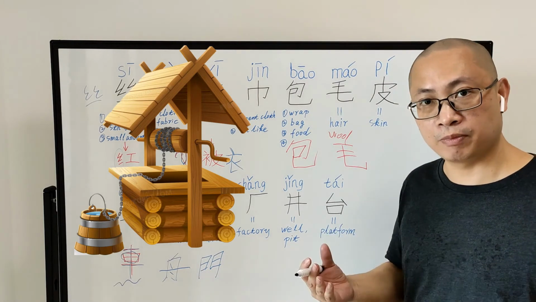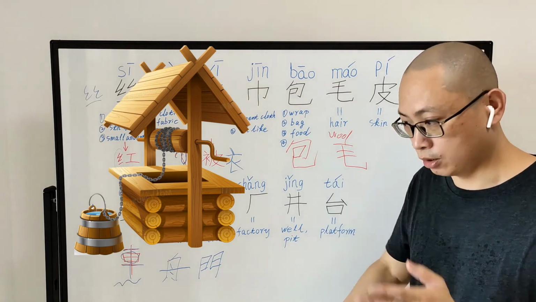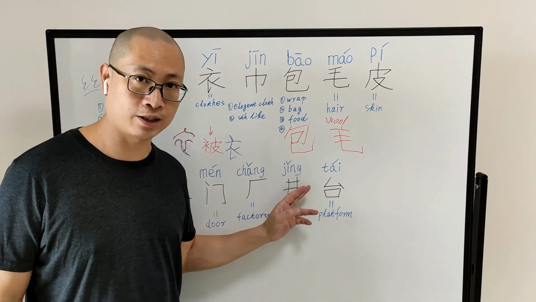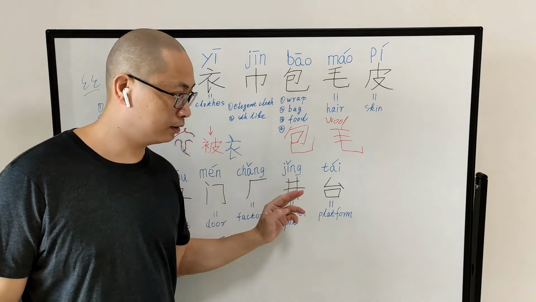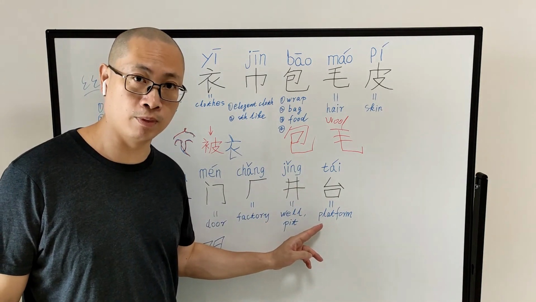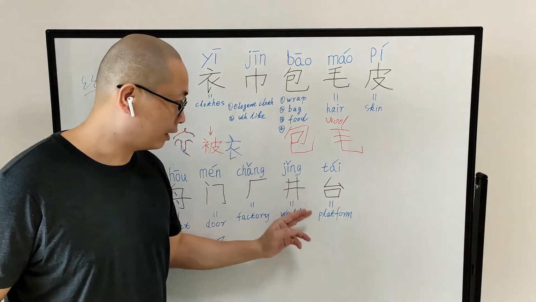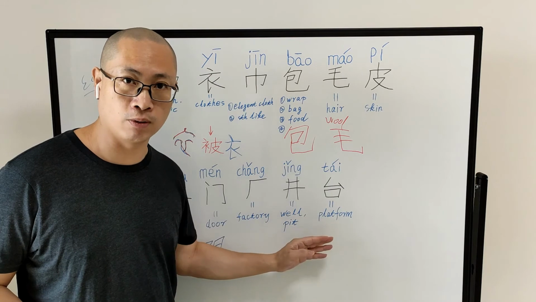At the very beginning, the protection of 井 is made by wood, overlapped. Last character, 台, platform. I'm excited to find out that there is an exact English word to define 台, platform.